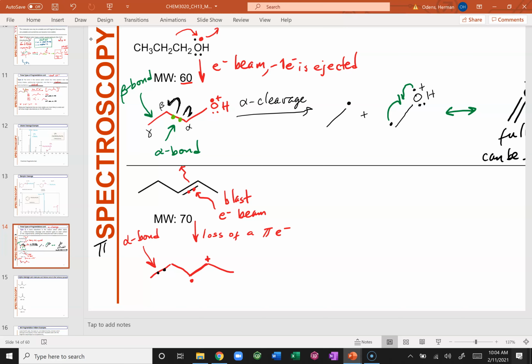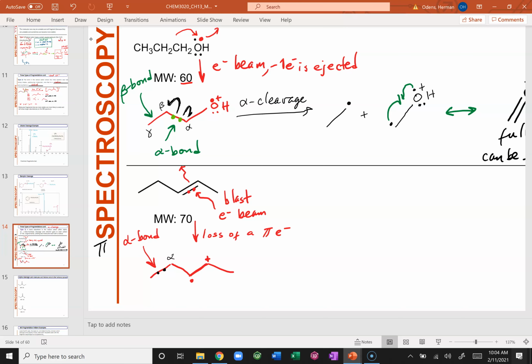Yes. And that's just how I would remember it. I know that. The problem is how do they pick this as the alpha? See what I'm saying? Yeah, because I was confused too. I had that question too, but then I just keep remembering the alpha bond is the one between the alpha and the beta. Yes.